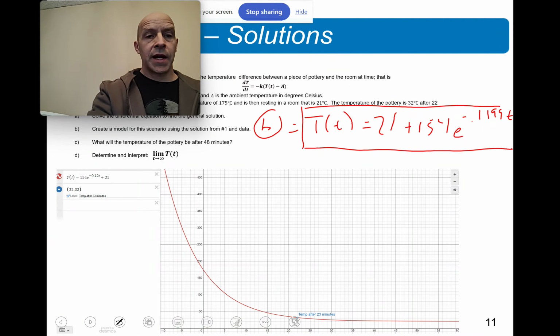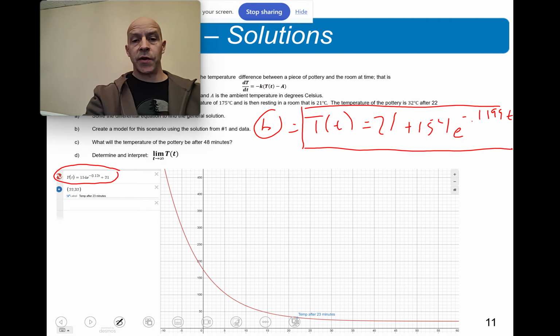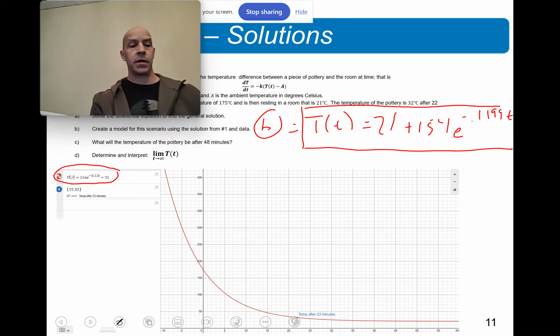And then you can see that I've already got that plugged in right here into Desmos. So here's what the graph of this is. We could graph this on our graphing calculators. So let's go ahead and do that real quick. I'm going to graph 21 plus 154 e to the negative point. Oh, actually I stored that in A, so I'll just type A, delete.